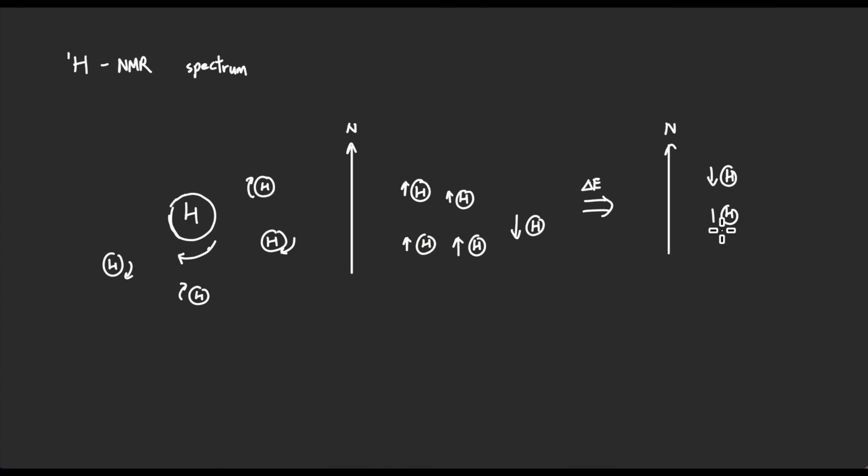The energy that is needed for them to undergo the spin flip is measured and calculated by the system, hence giving us an NMR spectrum. And we'll use this to determine the structure of the compound.